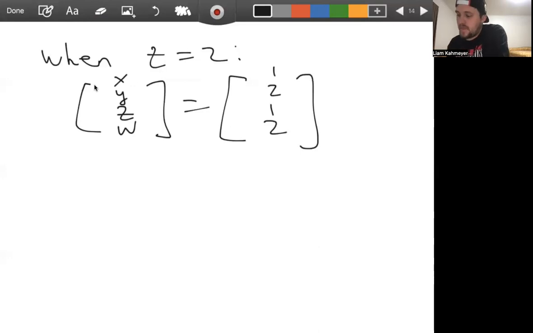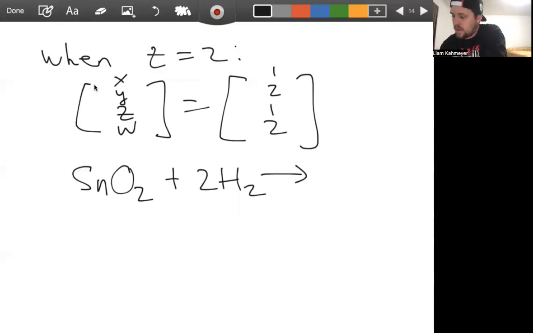And so what would the balanced chemical reaction look like? Then the balanced chemical reaction would be SnO2 plus 2H2, and then we get Sn, plus 2H2O.